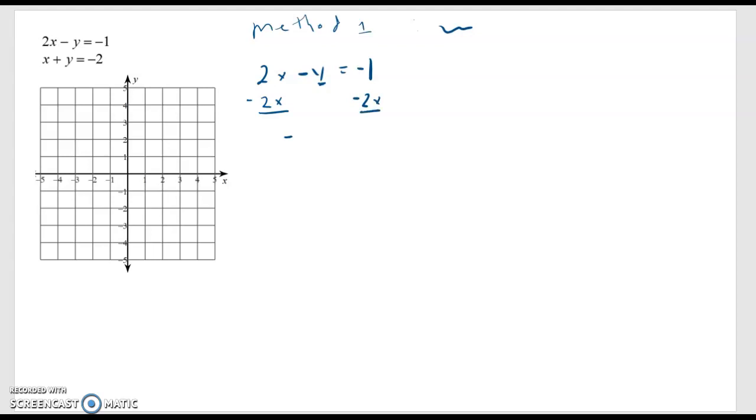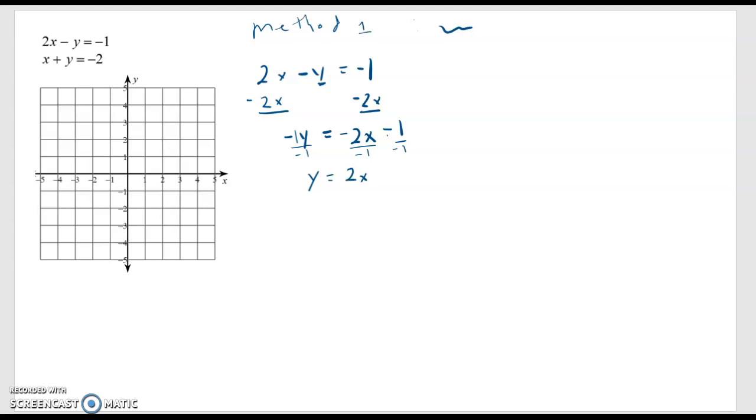And then I have negative y equals, the negative 1 and the negative 2x are not alike terms. So I'm going to leave my negative 2x first, and then minus 1. Since I have a negative 1 in front of that y, I need to divide by negative 1. That gives me a positive y equals, a negative divided by a negative leaves me with a positive 2x.